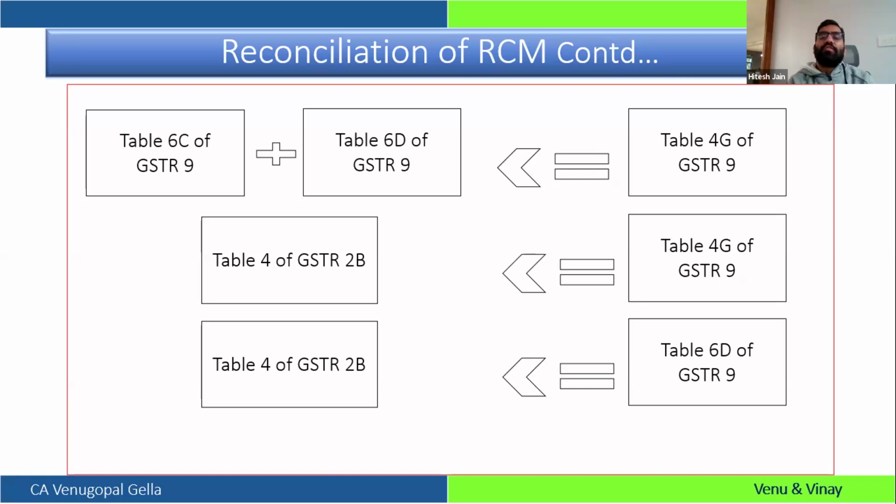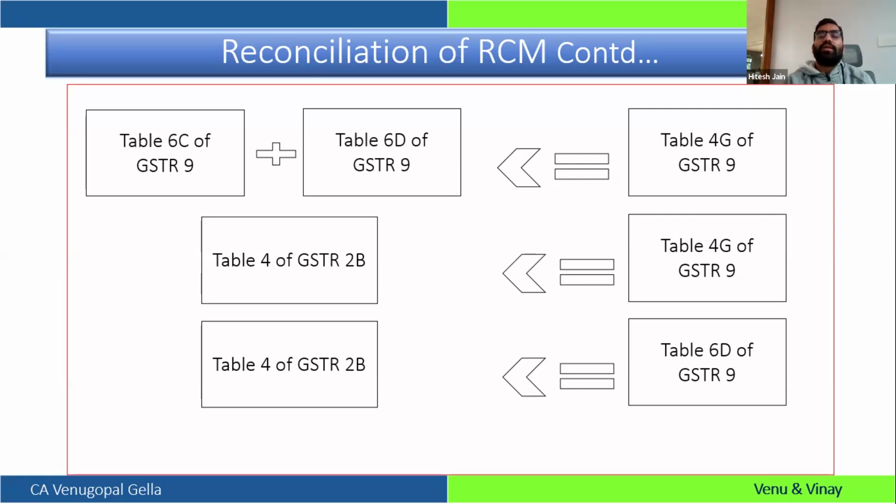Secondly, table 4 of GSTR 2B should be less than or equal to table 4G of GSTR 9. Means whatever ITC is payable under reverse charge basis reflecting in my GSTR 2B, that much tax I must have discharged during my monthly filings, and if not, then I need to discharge such taxes at the time of filing my annual return.